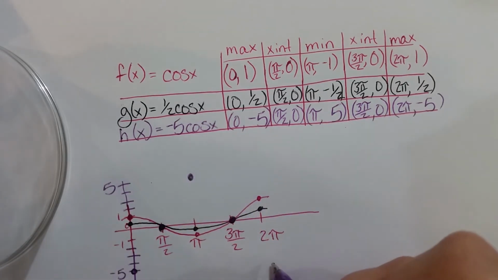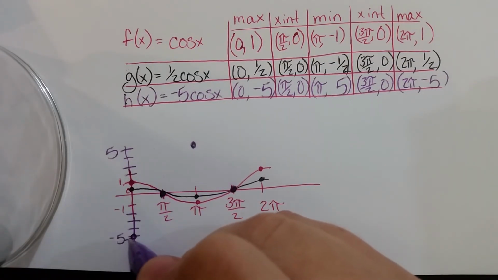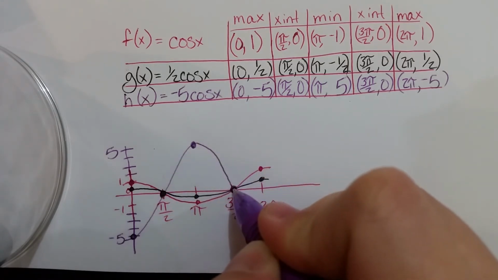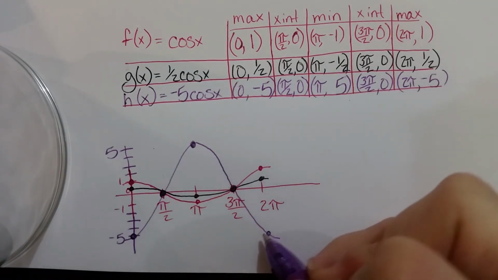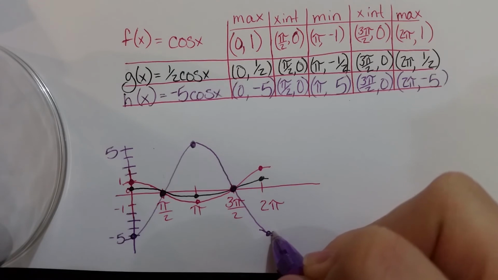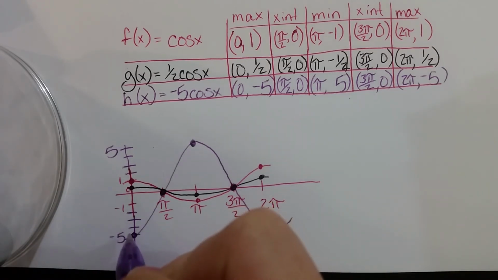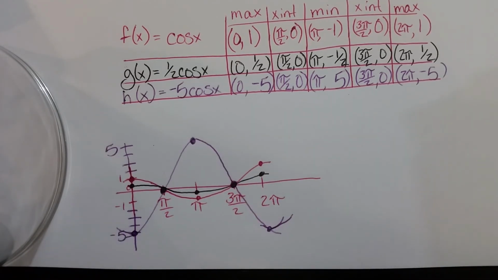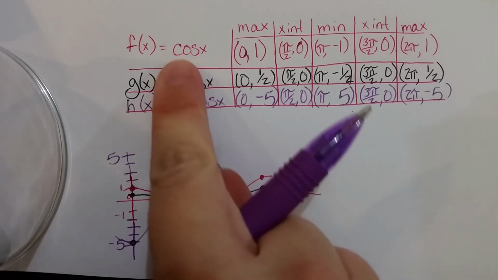This will be the same, and it'll be back down at -5. So this one is definitely stretched. And I know it looks like a parabola, but make sure on the ends that you're actually curving, because that's supposed to be the lowest point. So just go back in that direction so it looks like, yeah, that's better. Okay, so that's what you do if they change the a value.